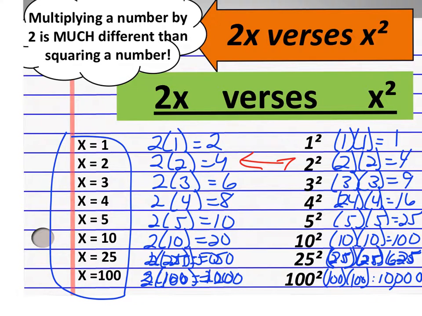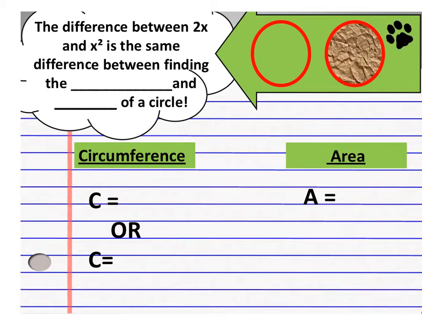The only time area is going to be larger is when it's less than 2 for the radius. So to summarize, the difference between 2x and x squared is the same as the difference between finding the circumference and area of a circle.